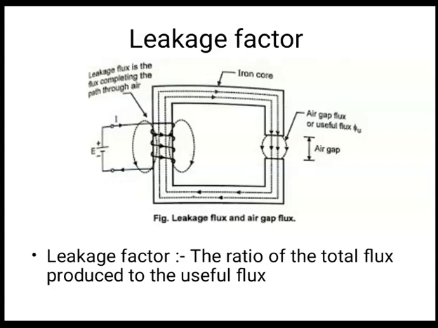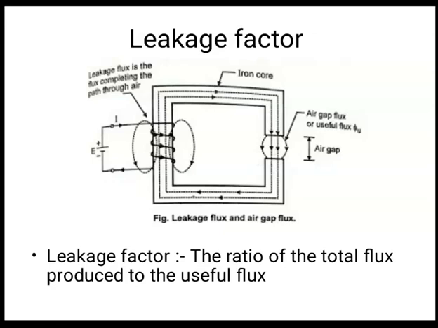So what happened? At the cut part, the flux is still moving through that cut part, and it is completing its path, right? You can see there is an air gap, and from that air gap also the flux is flowing, right? And that flux is nothing but the useful flux. We say that it is the useful flux or air gap flux. Why is it useful? Because the flux which is flowing in the iron core is of no use.